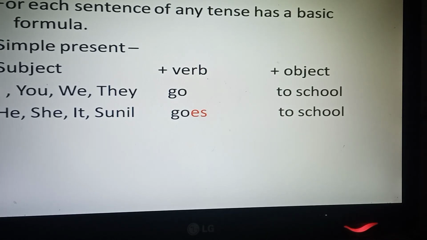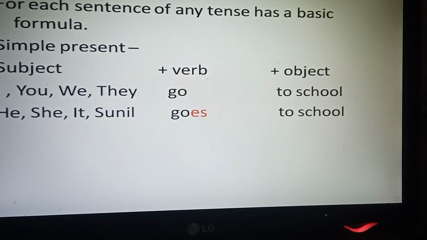Each sentence in simple present tense has a basic formula: subject plus verb plus object. In the subject we have eight parts: I, you, we, they, he, she, it, and the name of a person, that is Sunil. The verb we have already learned about; it is an action word.